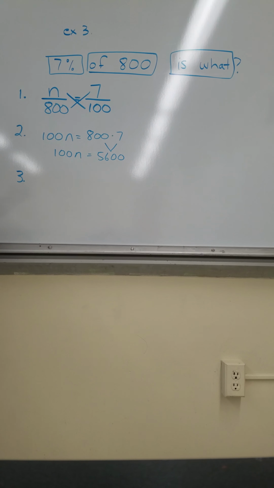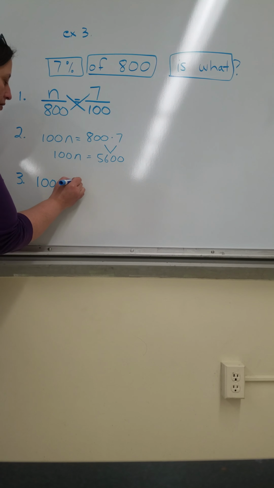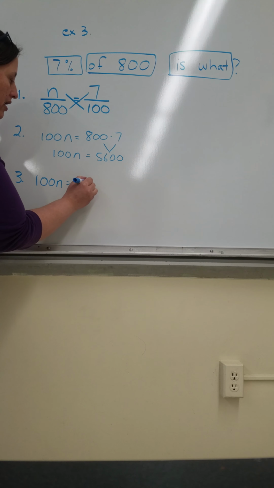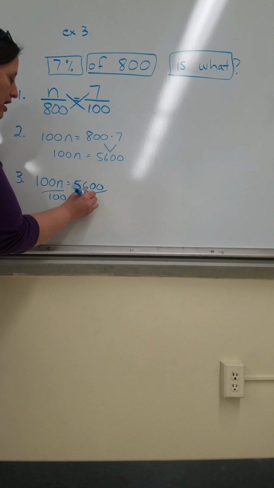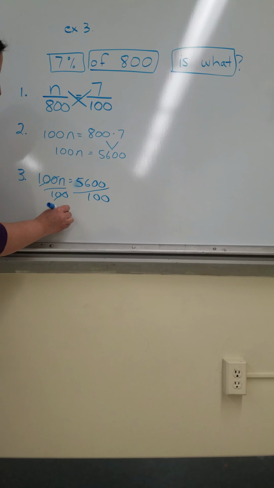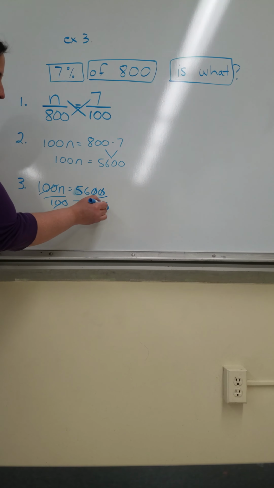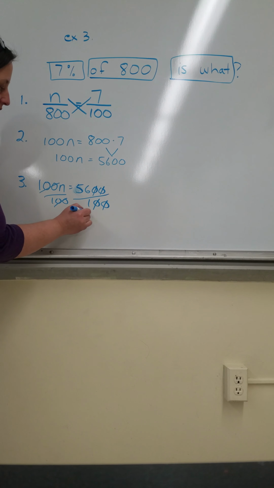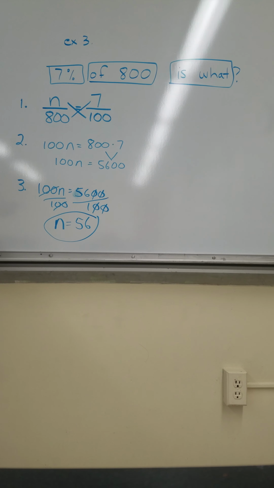Step 3 now is to divide. 100n equals 5,600. And we're going to divide both sides by 100 to get our answer. These hundreds cancel, and it means our answer is, well, let's see. We can cross off these last zeros. 56 over 1 is the same thing as 56. So our answer is 56.